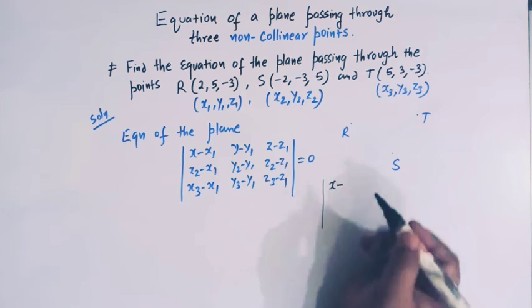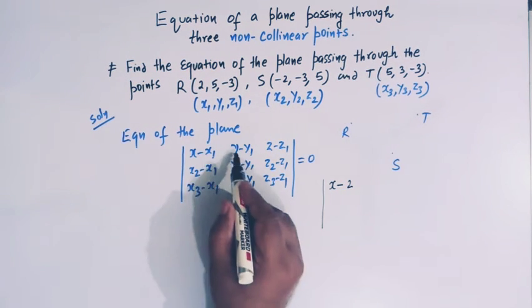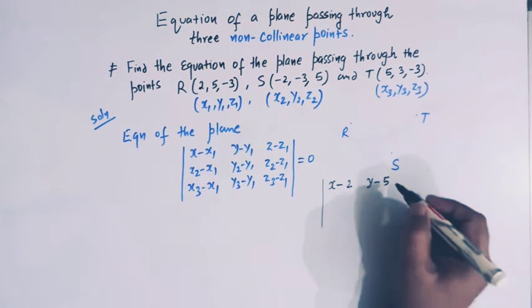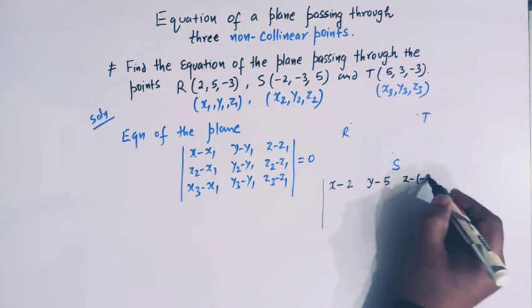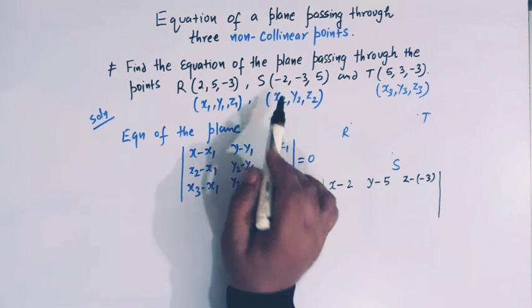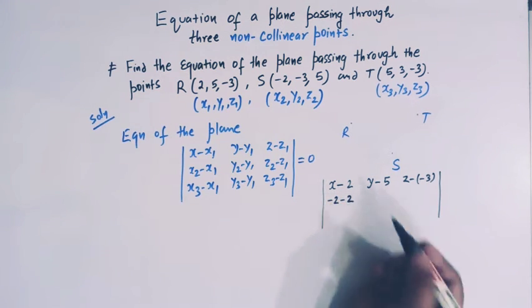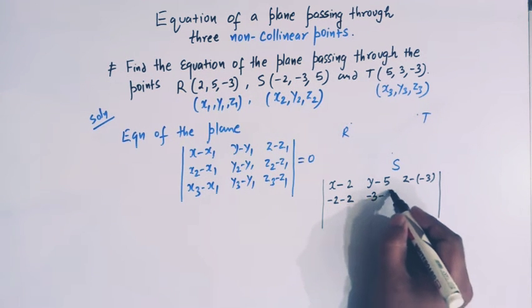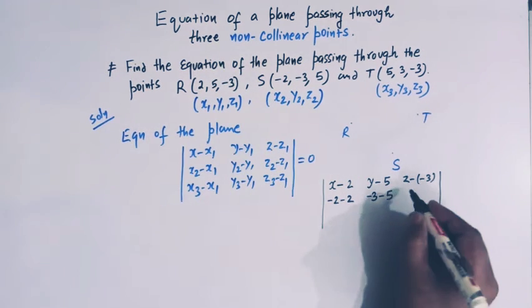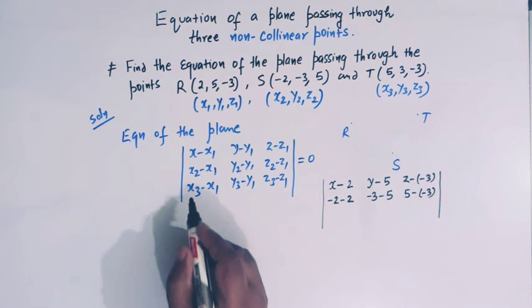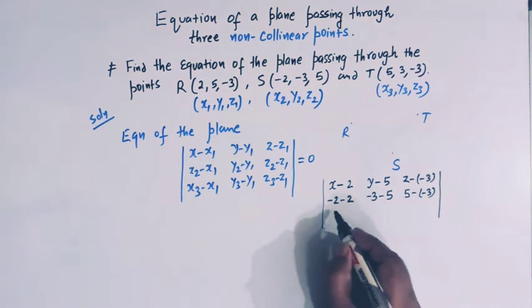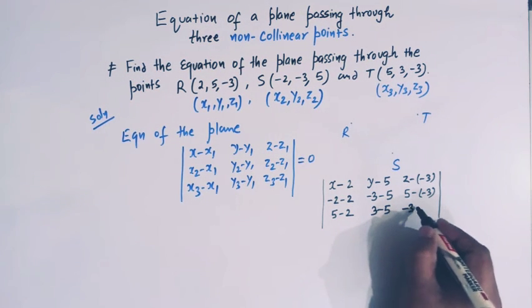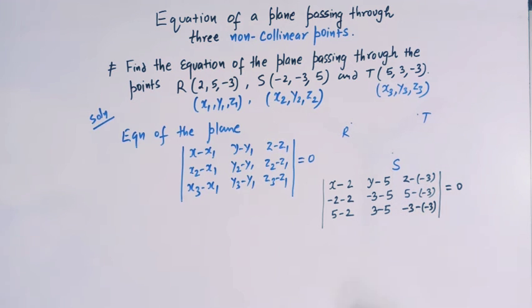We have x minus 2, y minus 5, z minus 3; then x2 minus x1, so we have minus 2 minus 2, then minus 3 minus 5, and 5 minus 3; and x3 minus x1, so we have 5 minus 2, then 3 minus 5, and then minus 3 minus 3. And this is equal to 0, right?